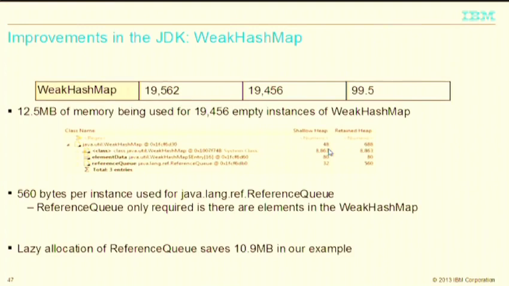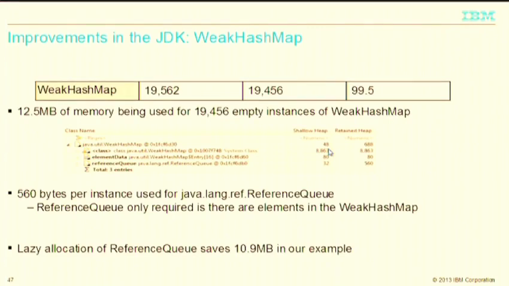Weak hash maps are designed to be self-evicting. Now, you only actually need that reference queue to evict data if there's some data inside it. If there's no data to evict, we don't need a reference queue. And the reference queue is actually quite big. The size of a reference queue is 560 bytes, out of a total 688 bytes for the weak hash map.